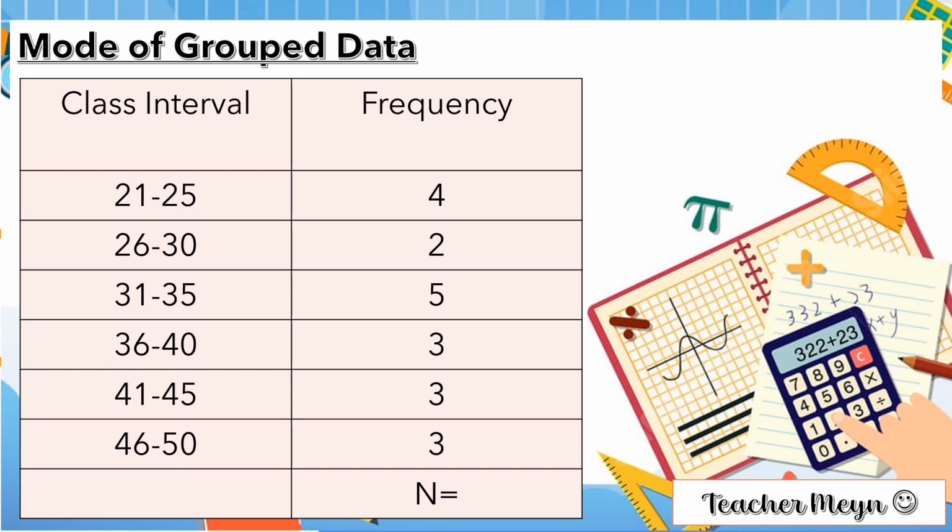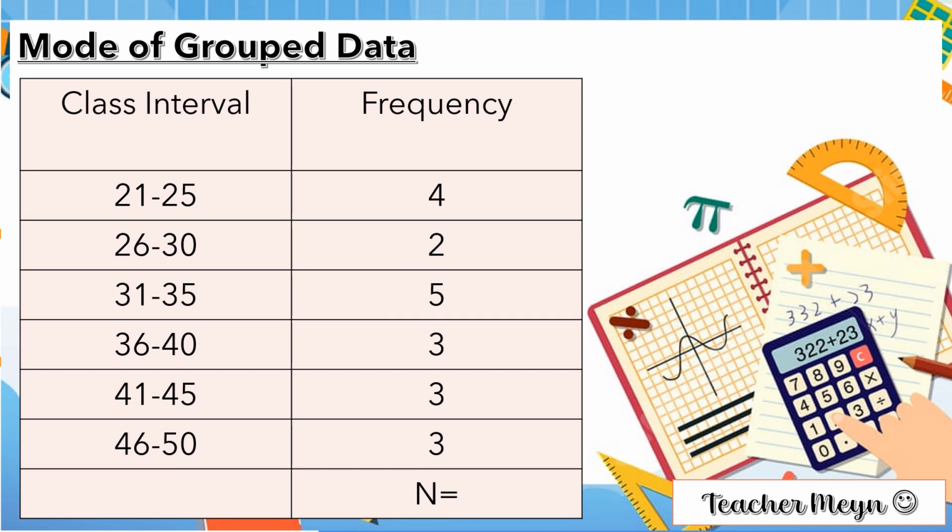Again, we have the given frequency distribution table, and we need to find the mode of the grouped data. As you can notice, there is a class interval column and a frequency column. Now we identify which class interval has the highest frequency, the class interval with the most number of frequency.